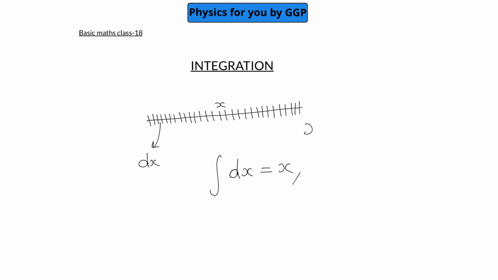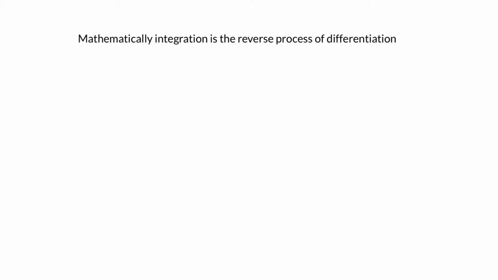Or we can say that if you differentiate x and get the answer dx, that means if you integrate dx, you will get x. So mathematically, integration is the reverse process of differentiation. For a function, let's say y is equal to f of x, if you differentiate it, you get dy is equal to f dash x dx.